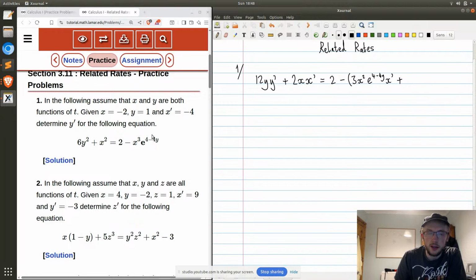Now in differentiating the second function, we notice that it's a chain, and it'll result in -4 x cubed e to the 4 minus 4y y prime. Just there, like that.